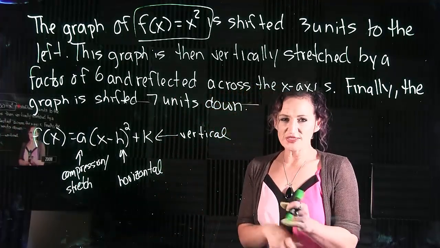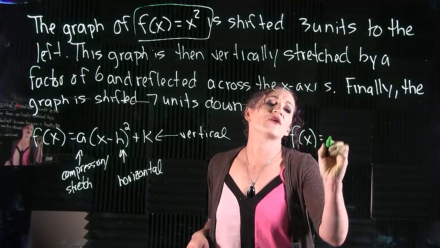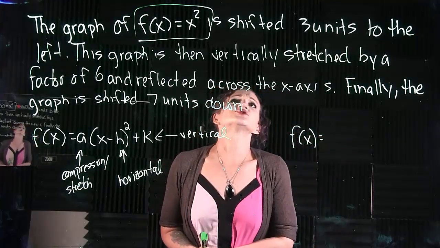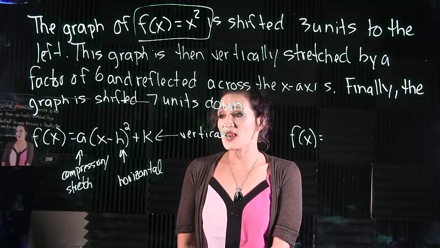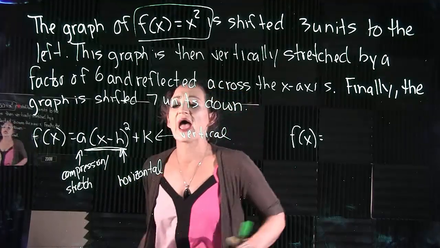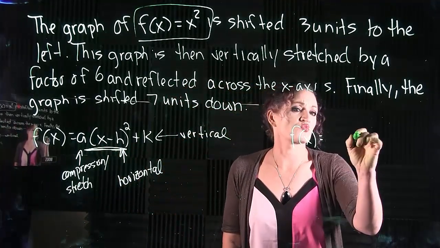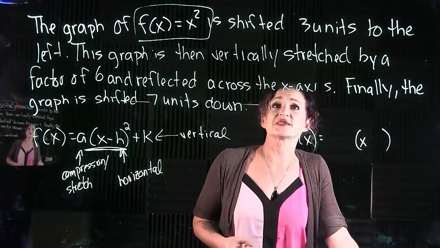So let's read through this and let's see if we can figure out what's going on. All right, so we know our equation is going to be f of x is equal to. So it looks like we are shifting 3 units to the left. So if we're shifting 3 units to the left, we definitely have a horizontal shift right over here, which is represented by x plus or minus a number.